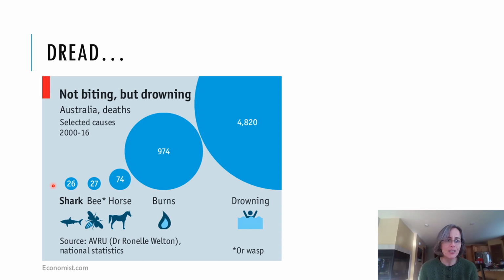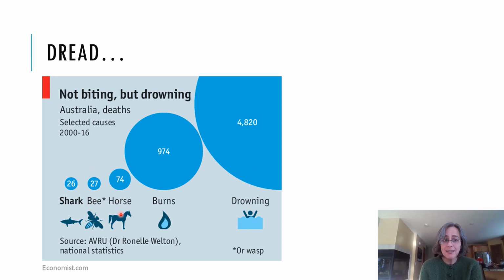So shark attacks. So these are deaths in Australia. Australia is a place where people die from shark attacks. This was between 2000 and 2016. There were a total of 26 deaths due to shark attacks. Now that's not zero. They do happen, but they're really uncommon. People are often also really worried about bee sting allergies, right? And again, 27 during that entire time. So really small.